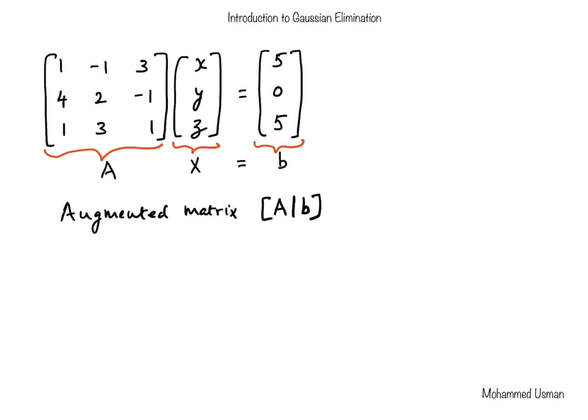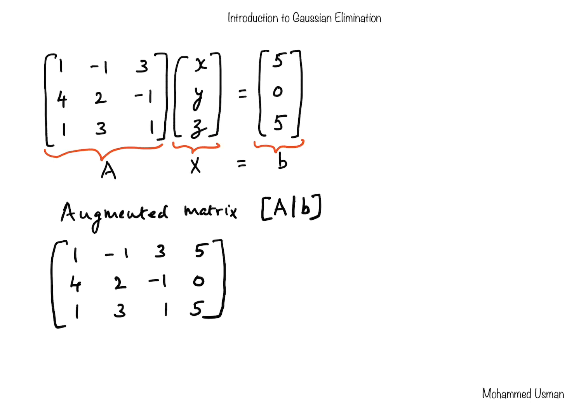So the augmented matrix would take the form for the above matrix equation as 1, -1, 3, 5, 4, 2, -1, 0, 1, 3, 1, and 5. The augmented matrix has two parts.